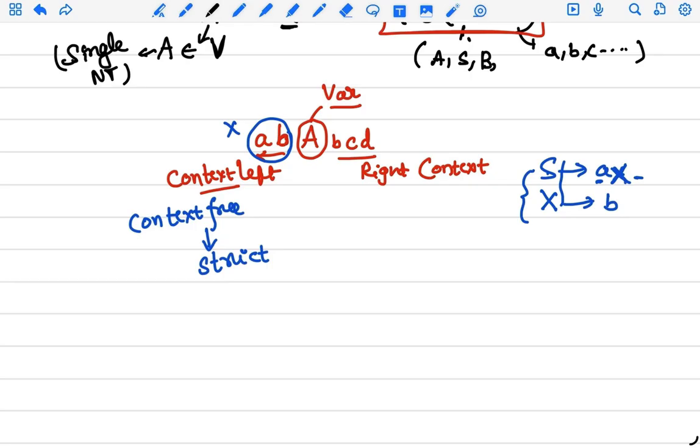Context free means that for every production rule, the left side must contain exactly one non-terminal symbol.